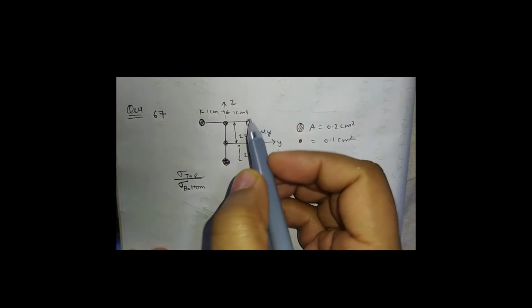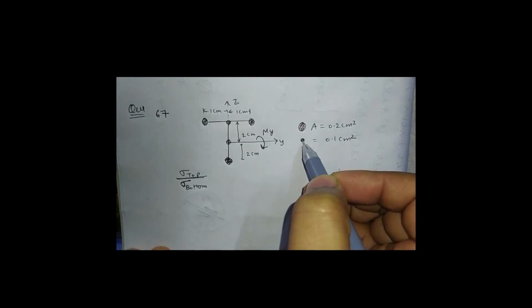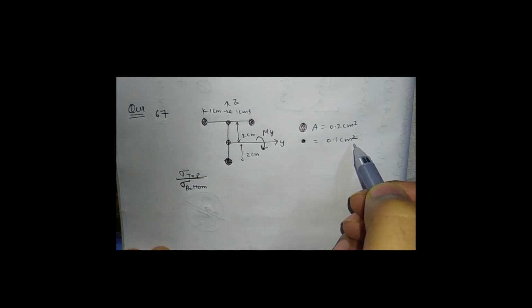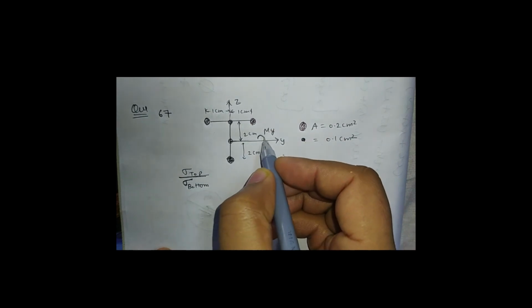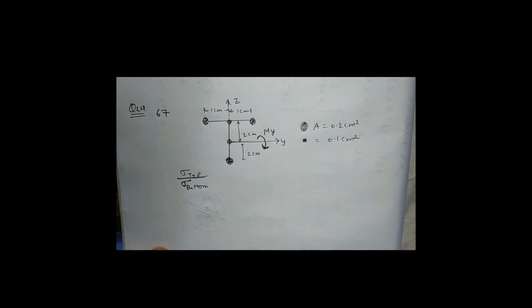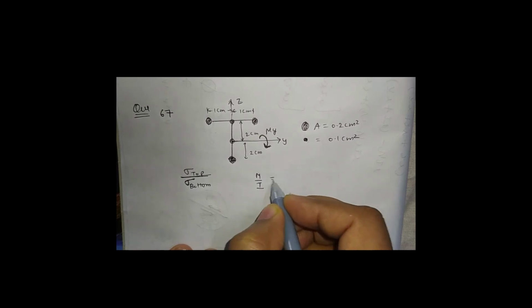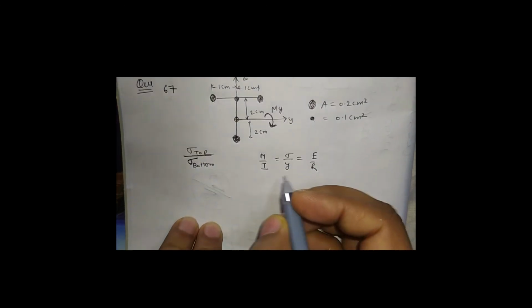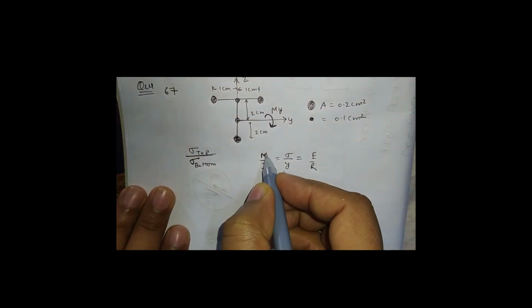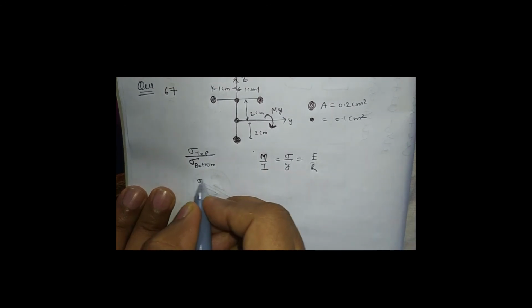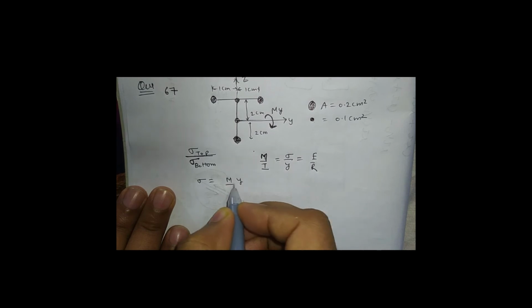Now coming back to the question, this section is given. These are the idealized structures having area A, and the small one is 0.1 square centimeter of area. This is the z-axis and this is the y-axis, and the moment applied is My. We know the bending formula, M by I equals sigma upon y equals E by R. So sigma equals M by I times y.